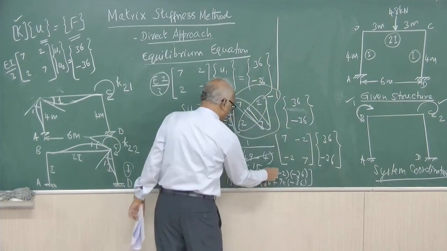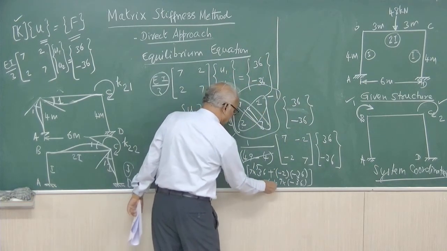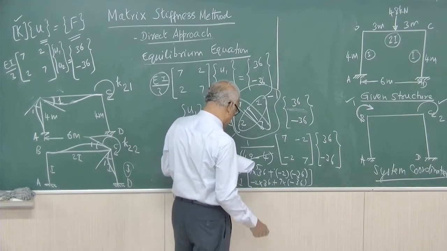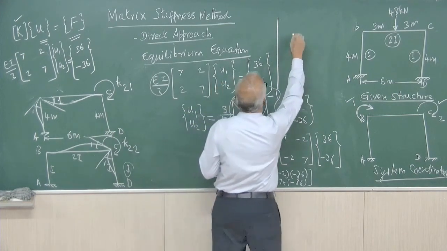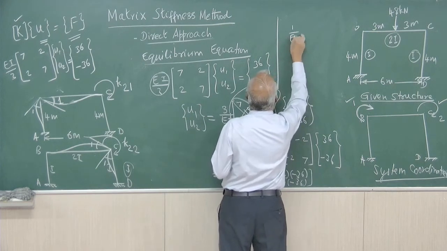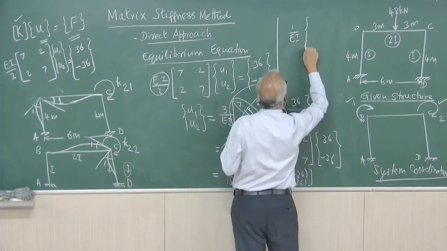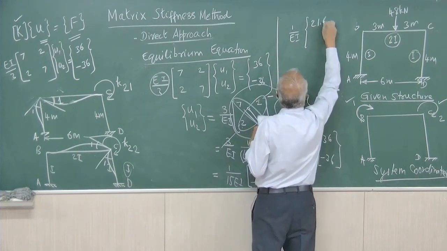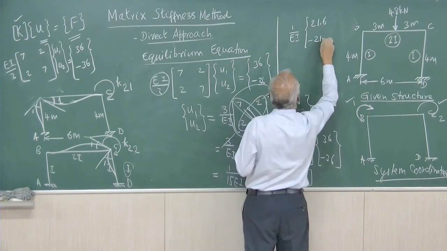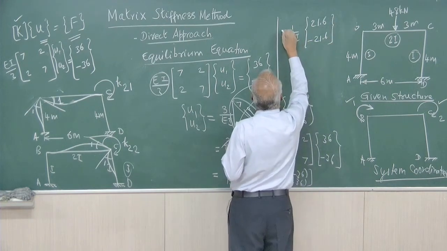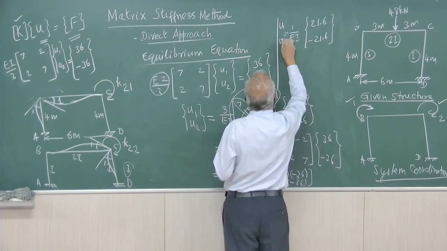Dividing each value by 15, you will get the final value as 1 by EI into 21.6, minus 21.6. So this is equal to U1 and U2.